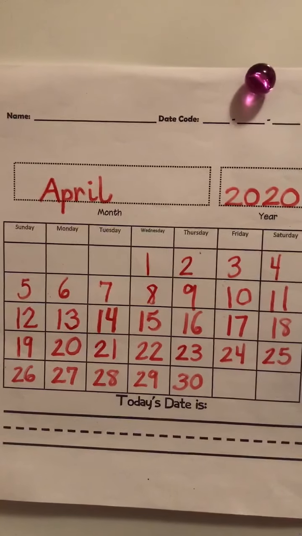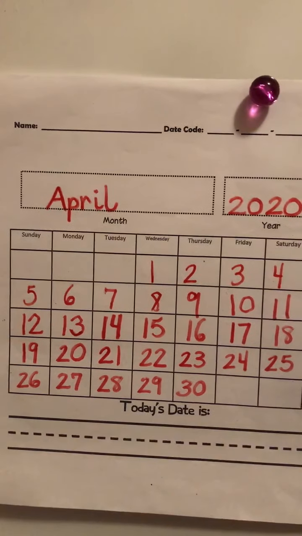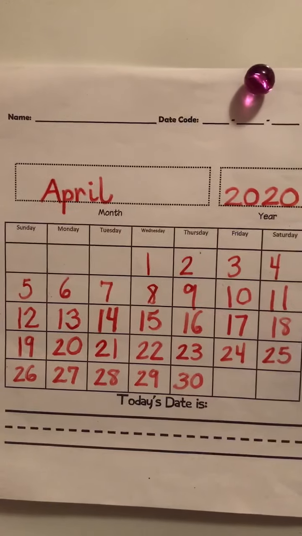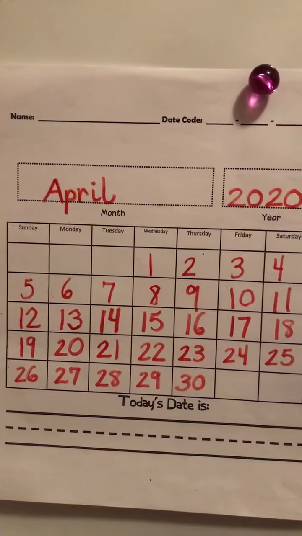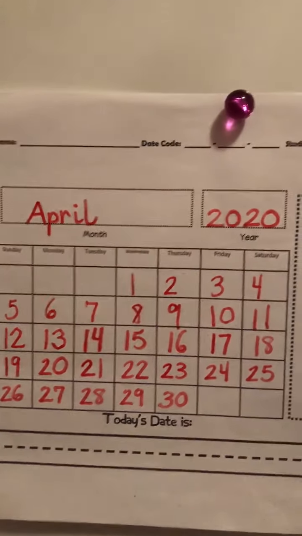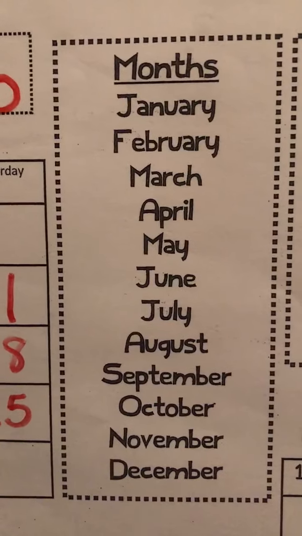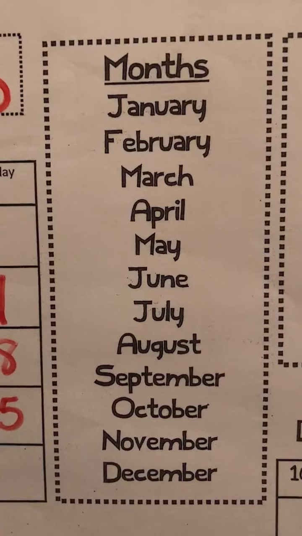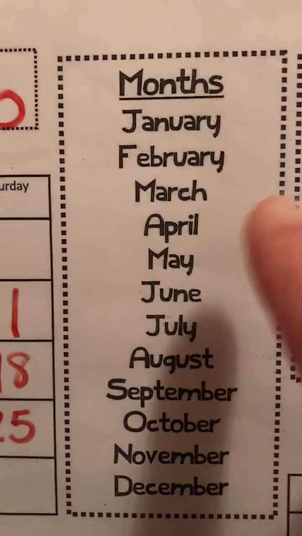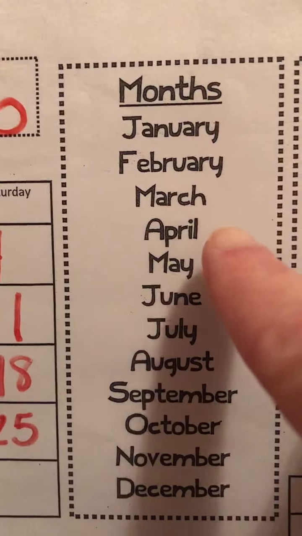It's hard to believe. I feel like I was just telling you that we were beginning April, and here we are ending the month of April. And so tomorrow begins what month? What month comes after April? Let's look over here at our months. I'm sure you already know, but just in case you don't, what month comes after April? It is May. January, February, March, April, May.